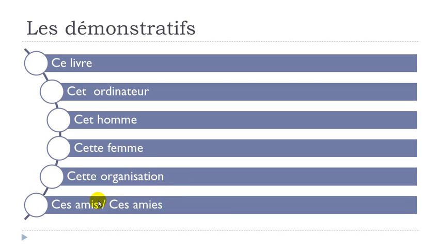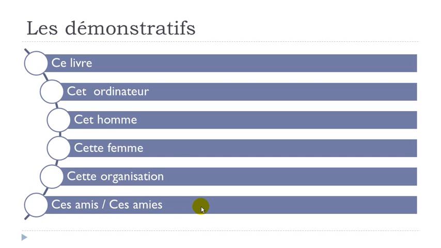And then plural, so we've got friends here at the masculine form, so masculine plural, and then friends here at the feminine plural form, okay? But then the adjectif démonstratif here, as you can see, will be the same. Ces amis, ces amis. All right?